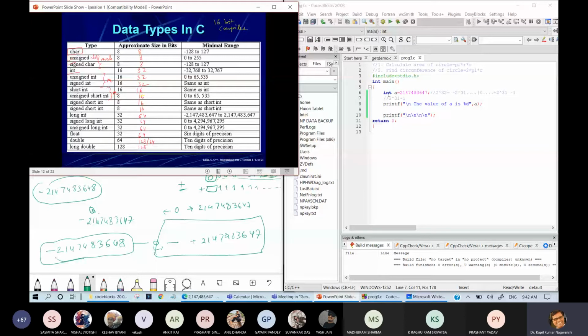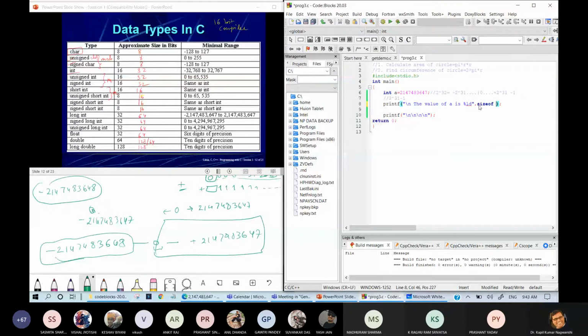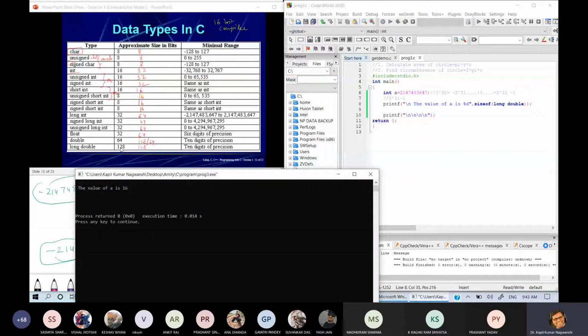This is LD and sizeof long double. So what is the answer? 16, and here it says that it is 128 bit. 128 divided by 8, how much is it? 16.